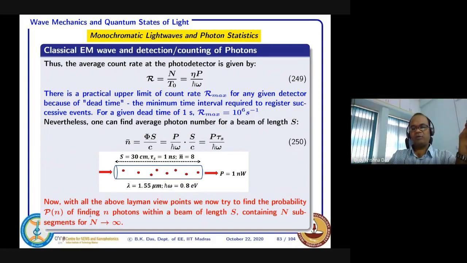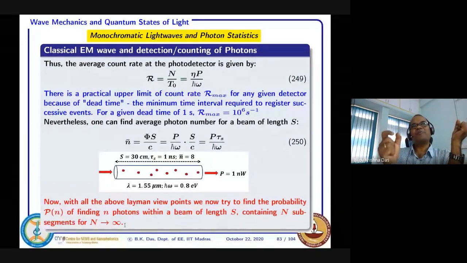With all the above layman viewpoints, we now try to find the probability Pn of finding n photons within a beam length S containing N subsegments, for capital N. So you are just segmenting the length into N, and that N can be infinite. That means your subsegment will be as small as possible, so that within that small segment maybe some photon probability is there.